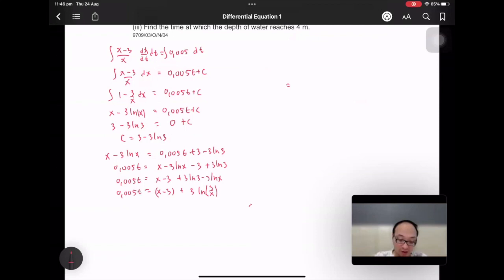So t equals 200 times (x minus 3 plus 3 ln (3 over x)).